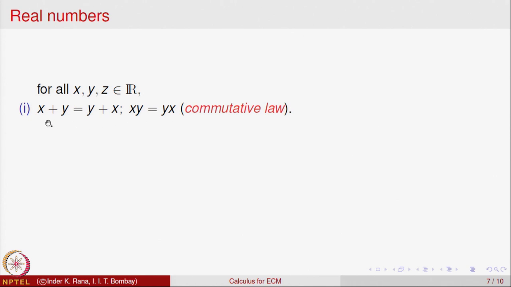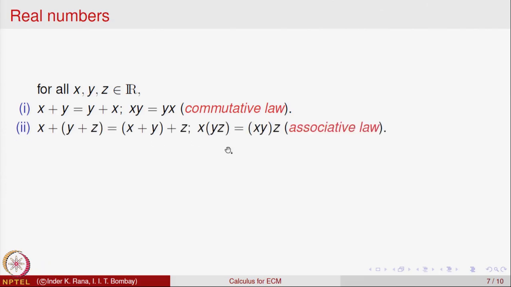That means the sum of x and y is the same as the sum of y and x, and similarly the product of x and y is the same as the product y x. This is called the commutative law. And next is what is called the associative law. Given three elements x, y and z in R, you can take their sum in any way you like.